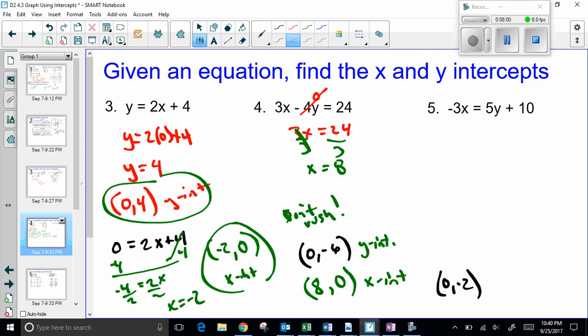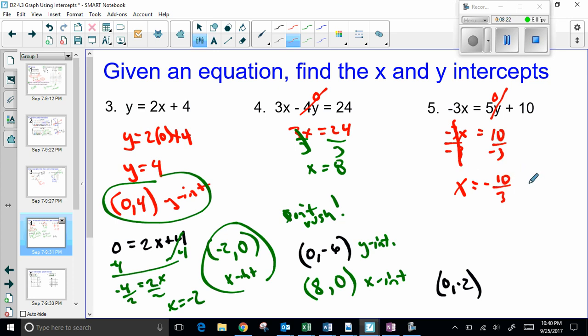Let's do red this time. This time it'll be 0 here for y. So that cancels out, and now I just have negative 3x equals 10. So I divide by negative 3 on both sides. This cancels out. Now I get x equals negative 10 thirds, which I'm cool with keeping just like this.